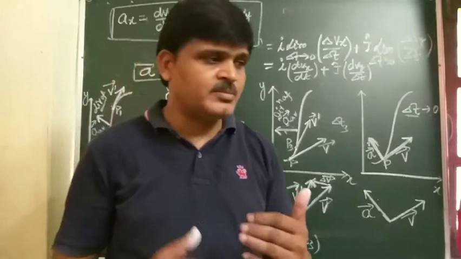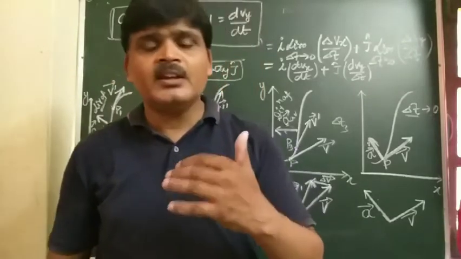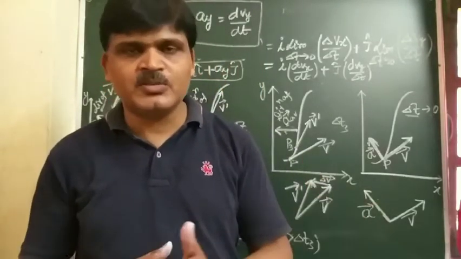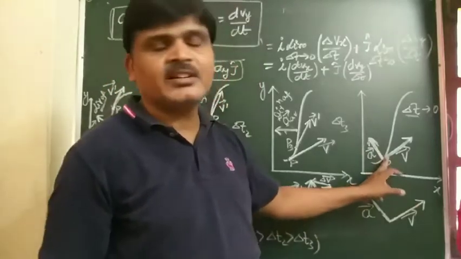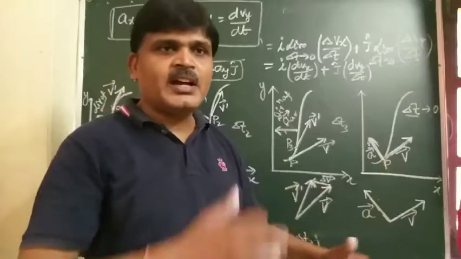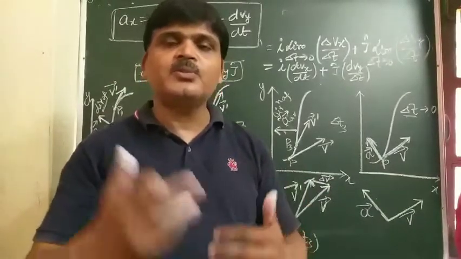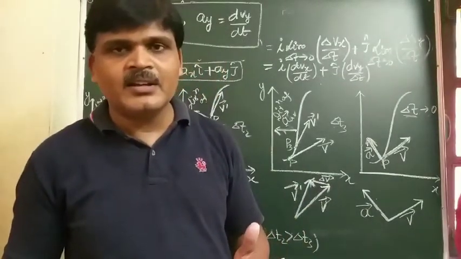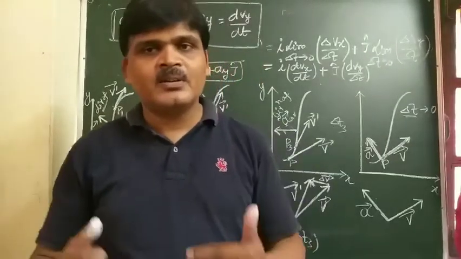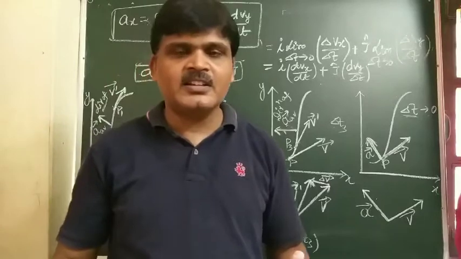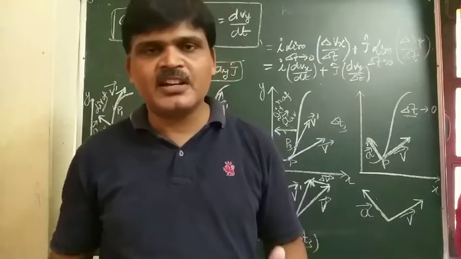And students, it must be remembered that in 2-dimension or 3-dimension motion, the angle between the velocity and acceleration may be anywhere between 0 degree to 180 degree, but in 1-dimension motion, the direction of velocity and acceleration is along the same straight line.